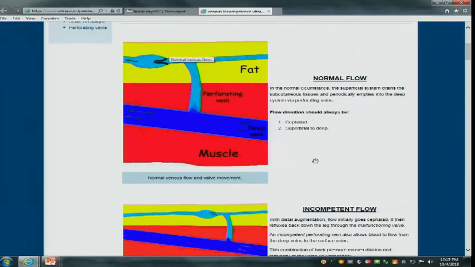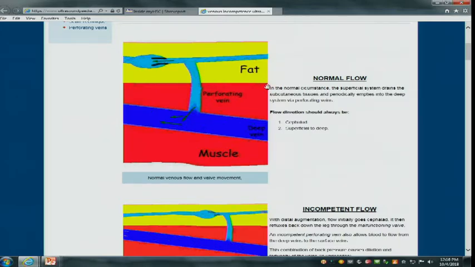So I want you to look at this. This is what is normal. The deep vein flows towards the heart. The superficial vein also flows towards the heart. That's the first observation. The second observation is that from the superficial vein, blood is only allowed to flow to the deep vein. Going from the deep vein to the superficial vein is not allowed because there is a valve here. This valve precludes any flow from the deep venous system to the superficial venous system.